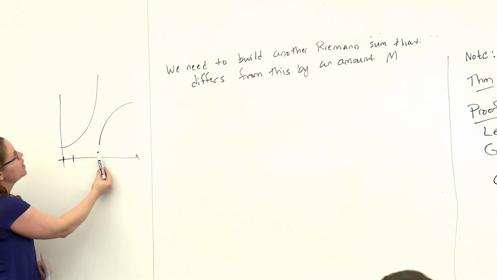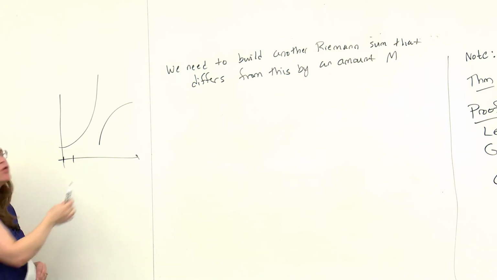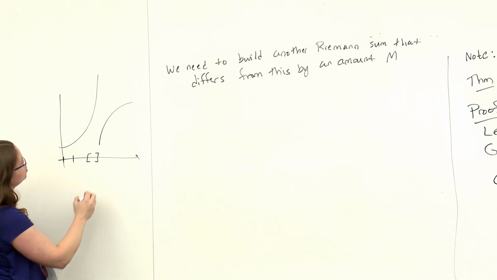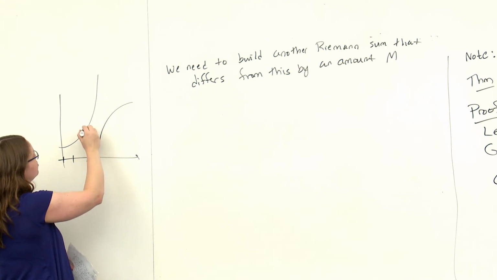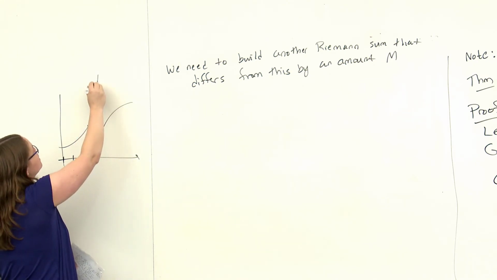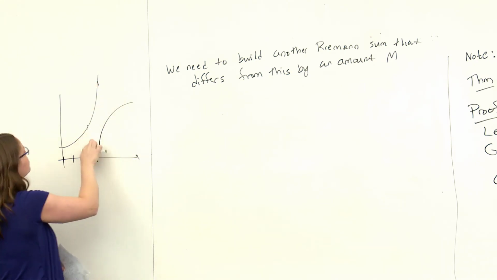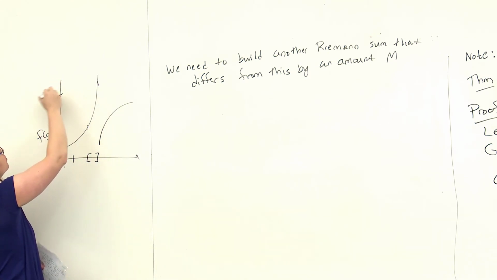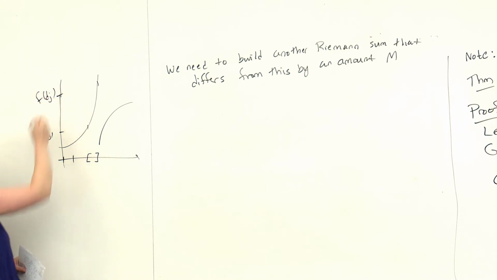But at least at one point, I should be able to find a subinterval where I can get very different values. So this is what I need to try to do. Maybe my Cj is here, and let's call this f of Cj, and maybe my f of Dj is way up here. Right? I only need to do that once as long as I make these values far enough apart.